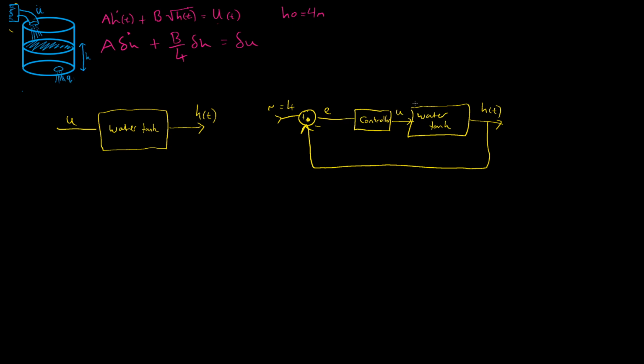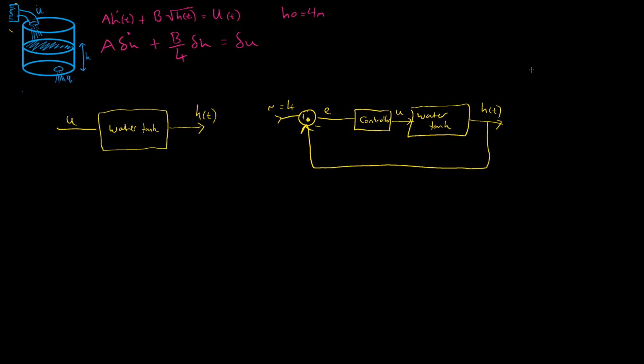So essentially the controller would be designed in such a way that it lowers the amount of water going into the tank. Or alternatively, if the height was, say, at 3 meters, so it's dropping too quickly, then this would give us a positive value of 1, and the controller would manipulate the pump in such a way to increase the flow rate so the height of the water goes up.